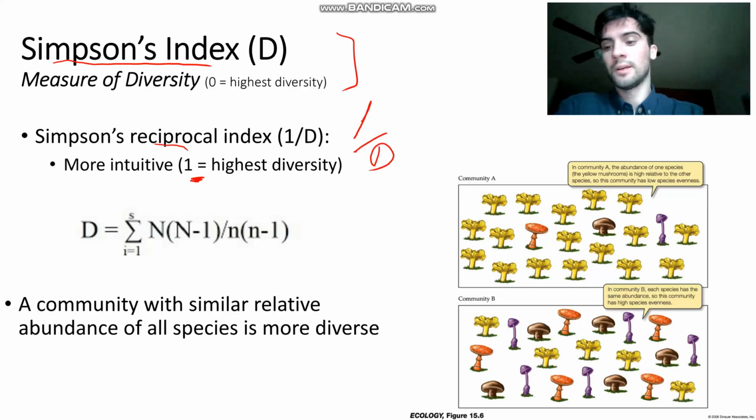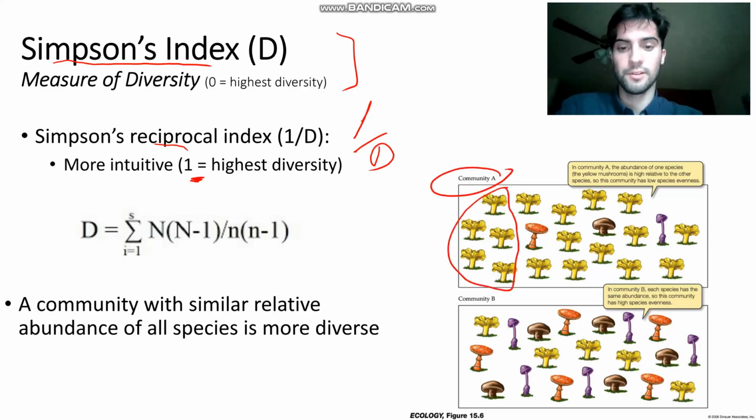A community with similar relative abundance of all species is more diverse. So let's say we have community A with a lot of Cantharellus, this mushroom, and here we have community B where there is more relative abundance of each species, and so it's more diverse.